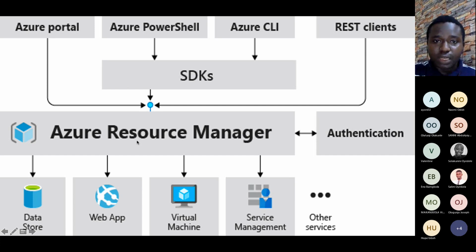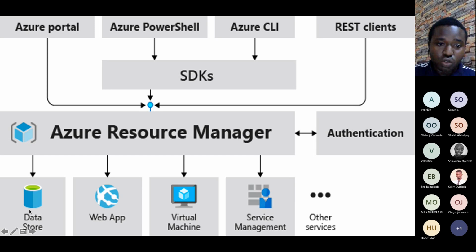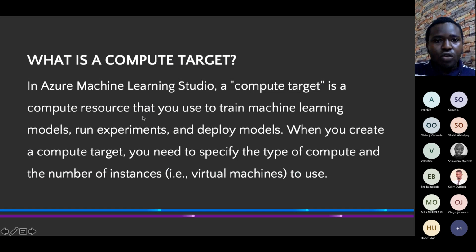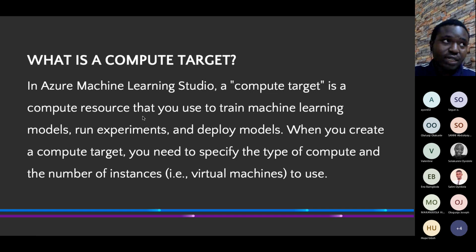So this is just like a visual description of how Azure works. So from your Azure portal to your Azure Resource Manager and all the other tools that you'd be making use of in your Azure Machine Learning workspace. So we mentioned compute target earlier, right?